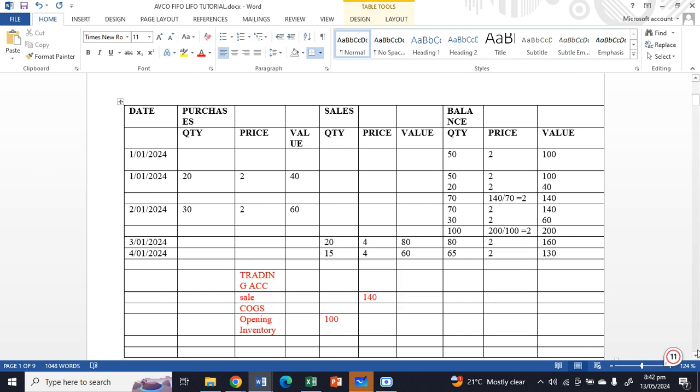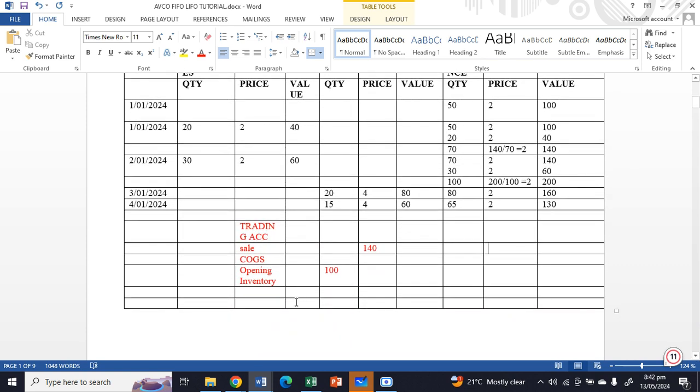Okay, the opening inventory, we need to add it with purchases. So the total value of purchases, 40 plus 60, that is 100. So to get the total cost of goods available for sale, TGAS, we add 100 plus 100, that gives us 200.